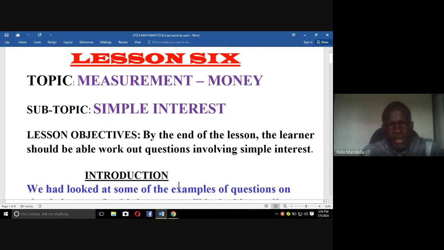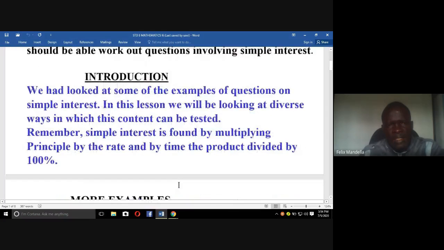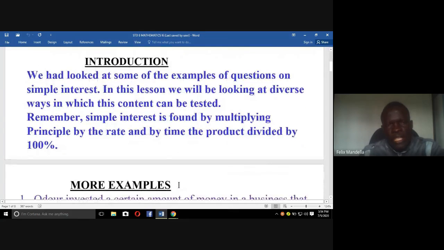In this lesson, we will be looking at diverse ways in which this content can be tested.